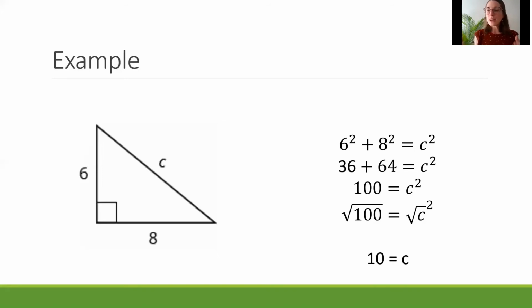A square root finds out what's one number that could be multiplied by itself to get the number that's inside the square root. So in this case, the number that you can multiply by itself to get to 100 is 10. And the number that you would multiply by itself to get C squared is just C by itself. The square root undoes the squared symbol. So here we find our missing length of C equals 10.